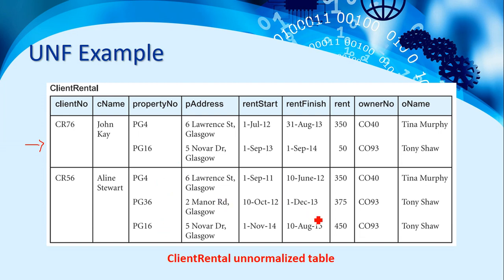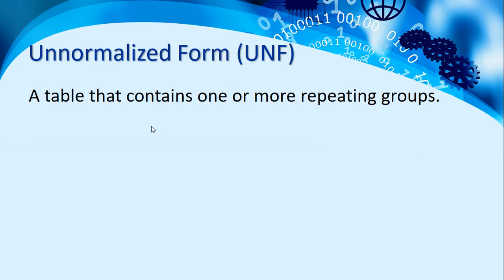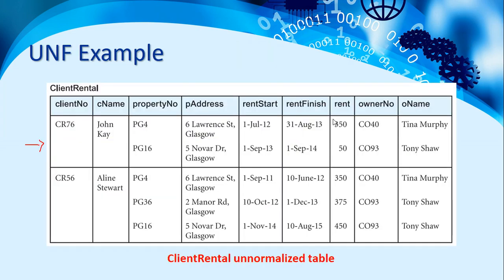In the rules of databases, in a relational database, this is impossible to achieve. Take note, in some other database types this is possible, but in a relational database you cannot have two or more values in a certain attribute. This is what we call repeating groups.